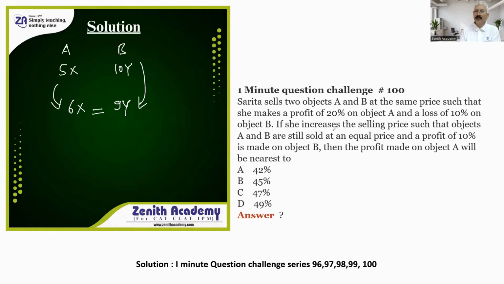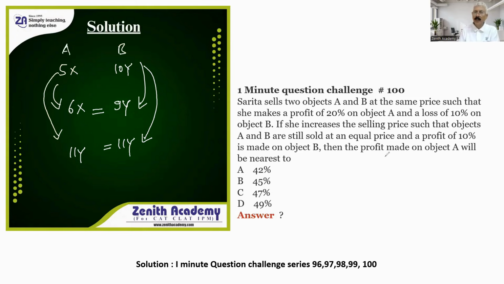Now the condition is that the selling price increases such that objects A and B are still sold at an equal price, meaning the selling price is again the same, and a profit of 10% is made on object B. So if the profit is 10%, then 10y plus y means 11y. And the selling price is the same, so the selling price for A should also be 11y.